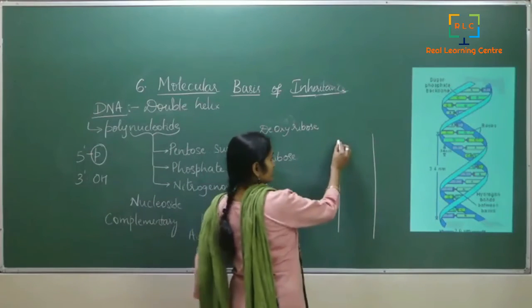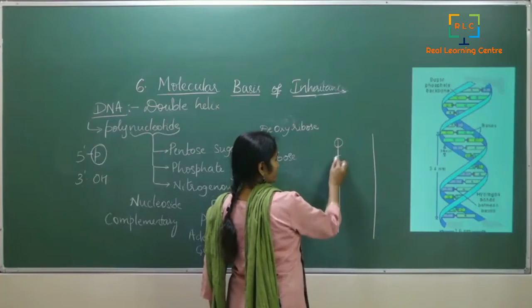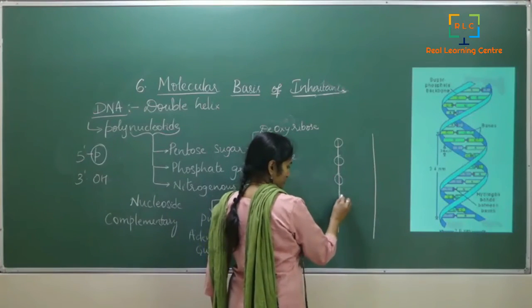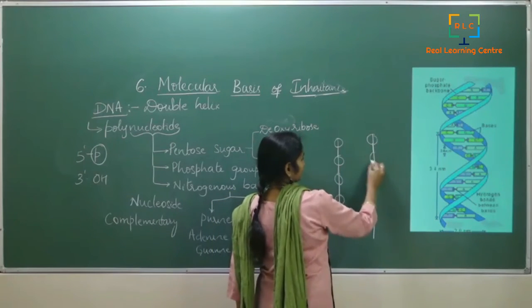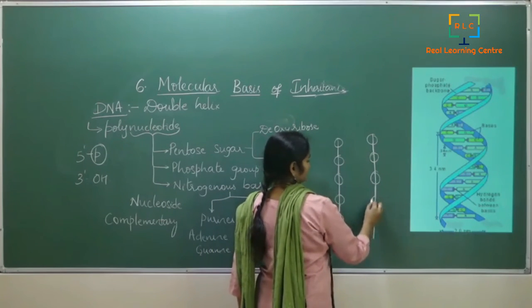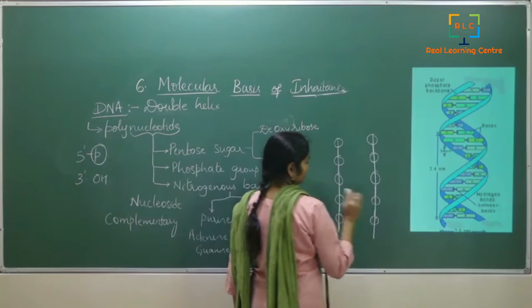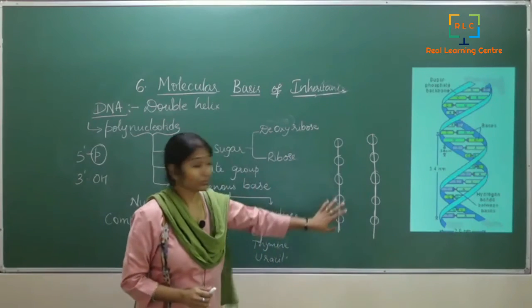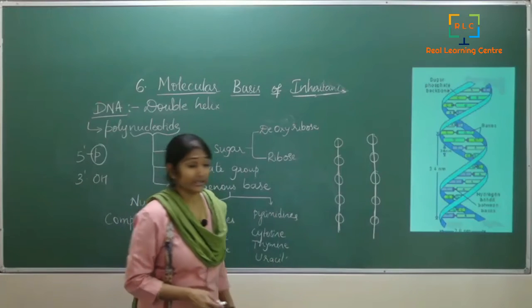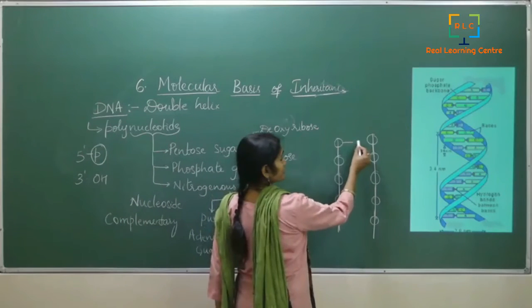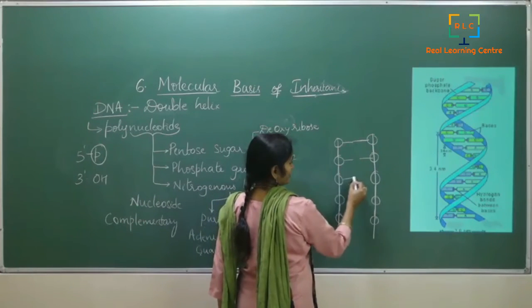So you see that this would be sugar, phosphate, sugar, phosphate, sugar, phosphate, and so on. So it would be something like this. So these would be the strands, and then the nitrogenous bases would be the stairs of the ladder.